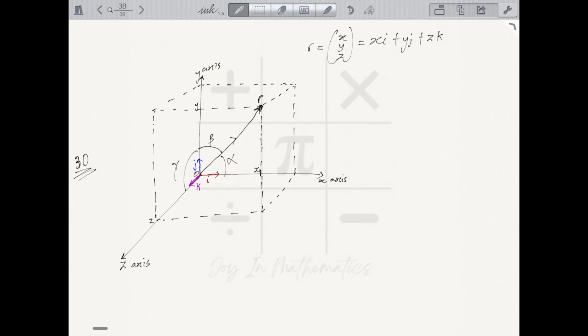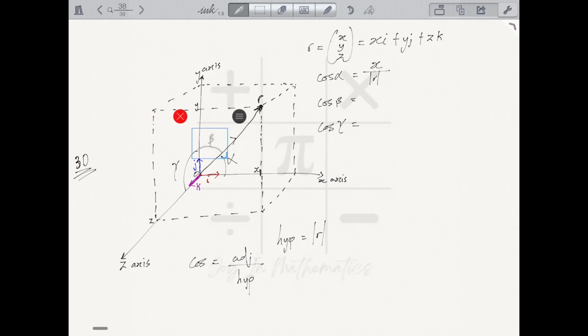Moving on, we want to evaluate cos alpha, cos beta, and cos gamma. We know that cos is equal to adjacent divided by the hypotenuse, and the hypotenuse in this case is also the modulus of r. So considering alpha, the adjacent is x, so that will be x divided by the modulus of r.